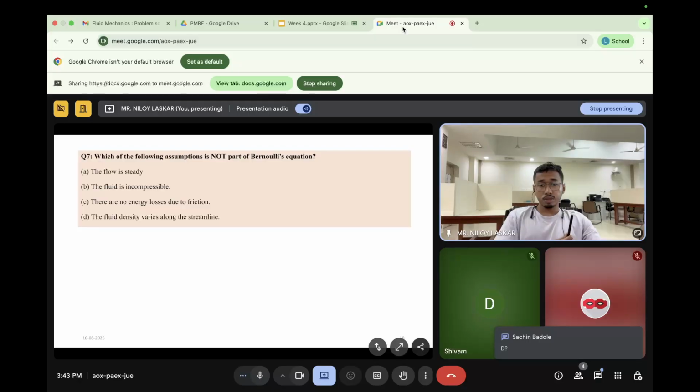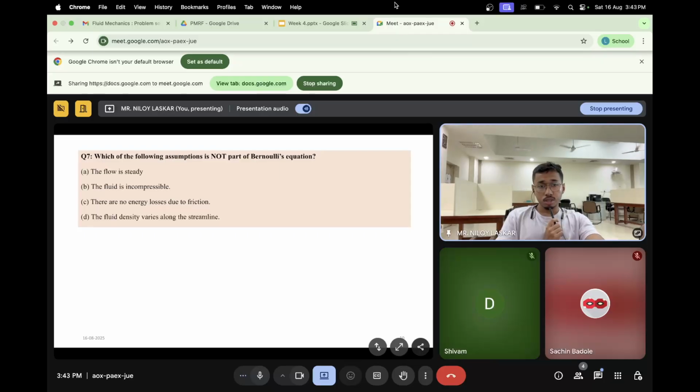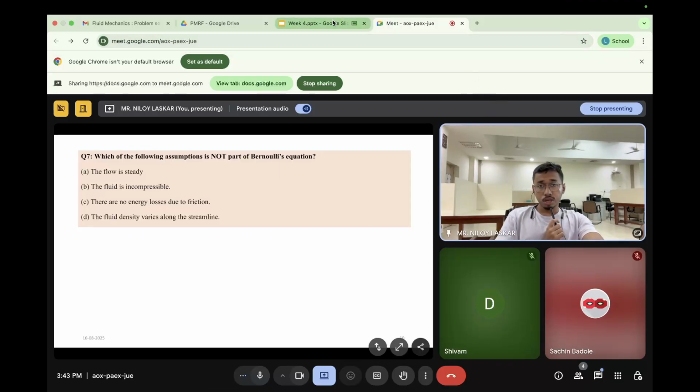Sachin is saying option D, and what about Shivam? Shivam is saying option C. So no, Shivam. The correct answer is option D. Sachin is correct.